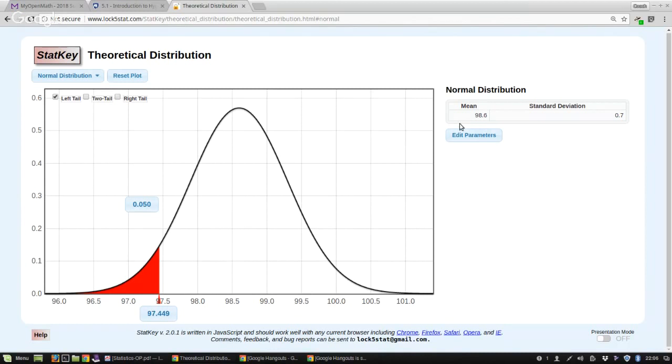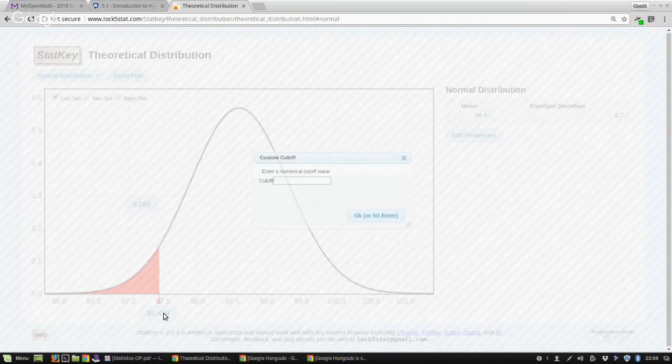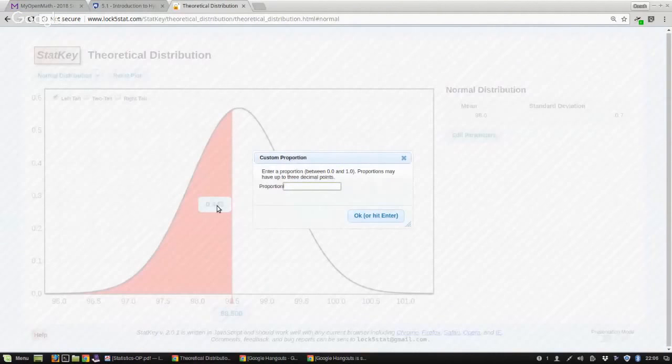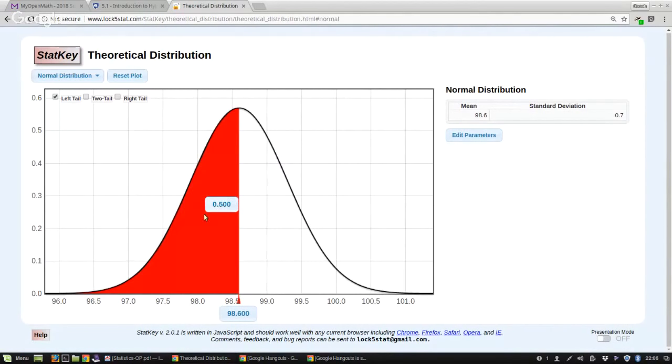What percent of the population should have a body temperature of 98.5 or smaller? About 44% of the population should have a body temperature of 98.5 or lower. So there's all kinds of questions we can answer, and we can answer a question based on probability. Suppose I wanted to know the median: enter 0.5 for the 50th percentile, 98.6.